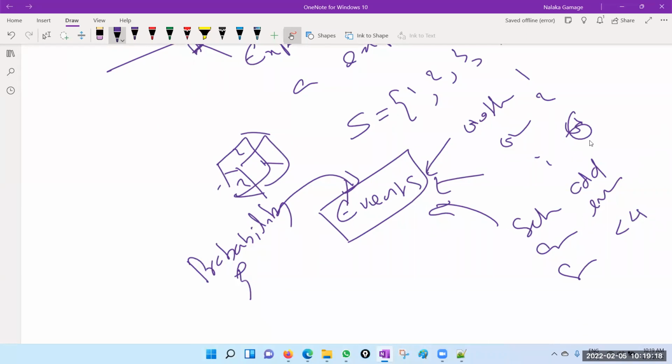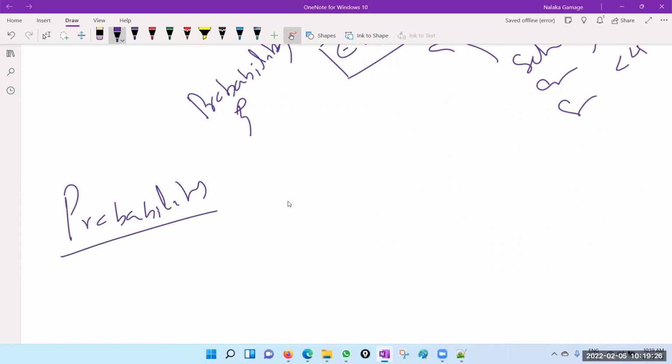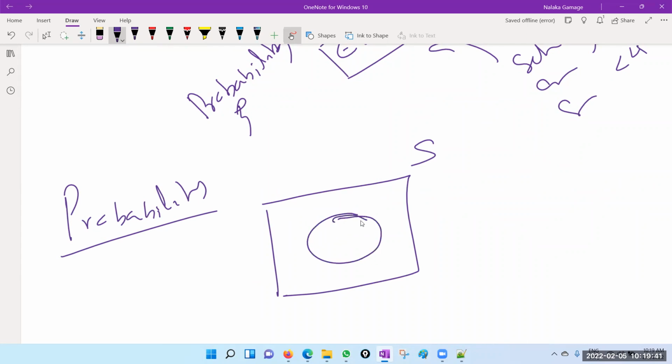Okay. Now let's define what is probability. The basic formula in probability. So if you have an experiment which has this particular sample space as all possible outcomes. Okay. And if you have event A which covers some of the outputs in the sample space.